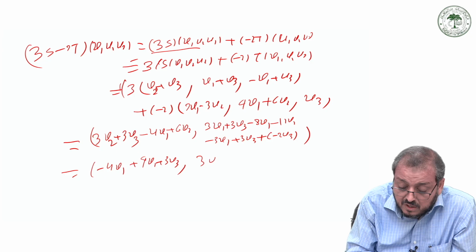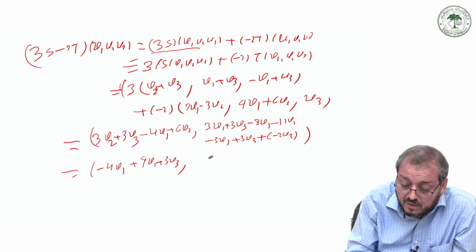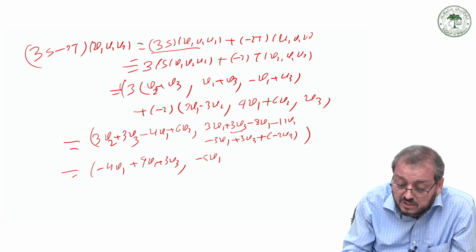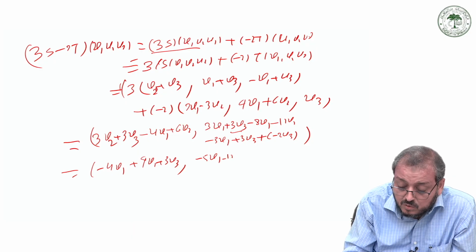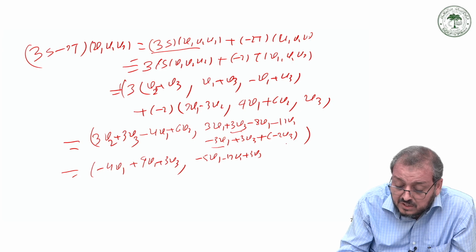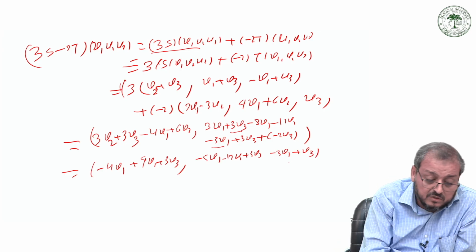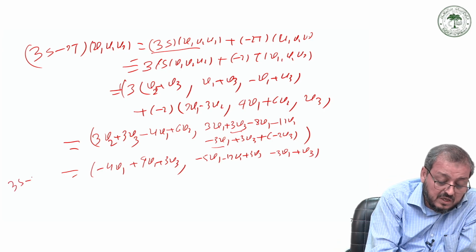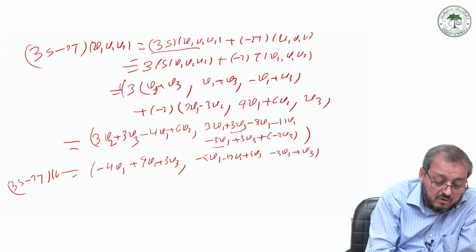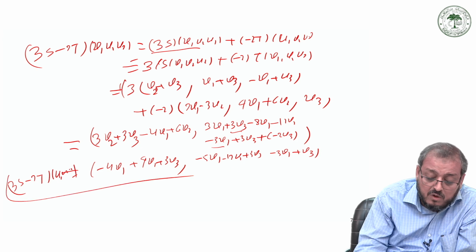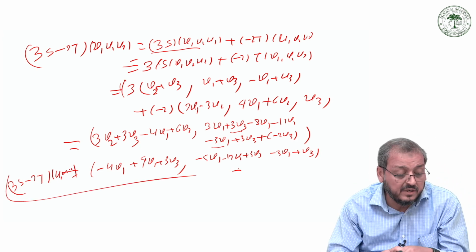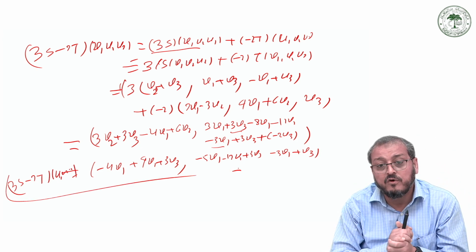Here you have 3 v1 and this is equal to minus 5 v1, 3 v3 and minus 12 v2 plus 3 v3 minus 3 v1, 3 v2, and this is equal to minus 3 v1 and plus v3. So this is nothing but equal to 3s minus 2t of v1, v2, v3 equal to this value. So this completes the proof of this example.